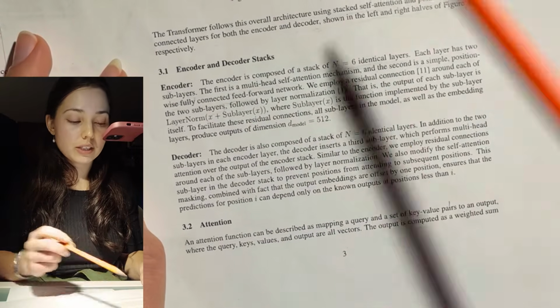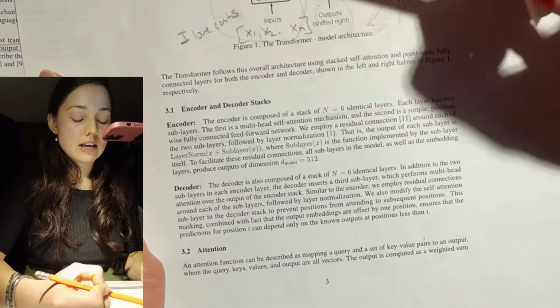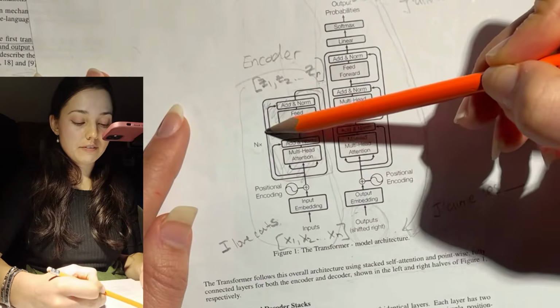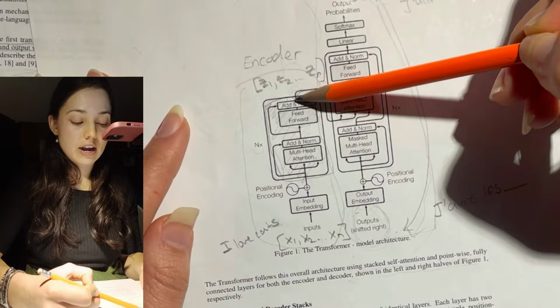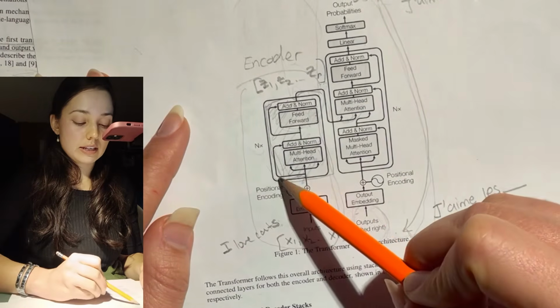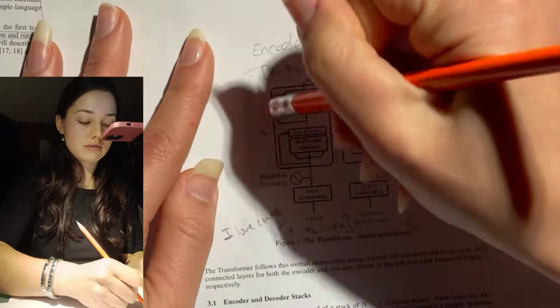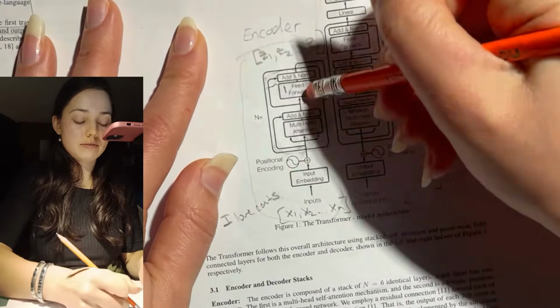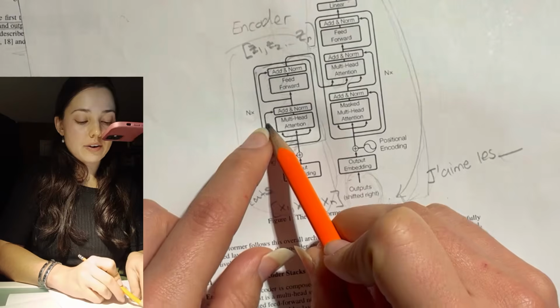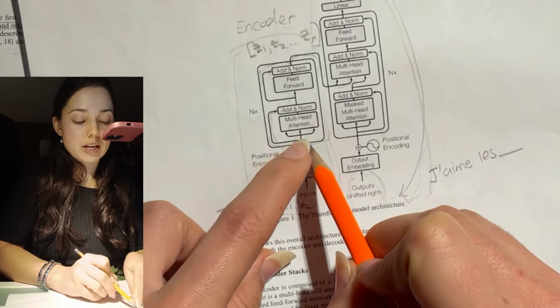So this residual connection is here, so that means the values here get fed into the output, and they're added into the output. Maybe I should erase this because it's getting kind of messy. But the value here, you see how it has this arrow that connects it, and it says add and normalize.